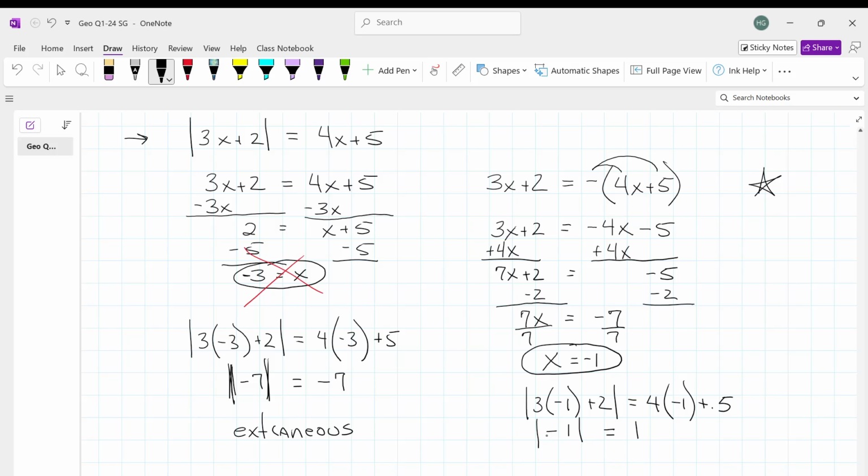And is the absolute value of -1 equal to 1? It is, isn't it? Okay. So this solution works. This solution is good. So x equal to -1 is a good solution. The other solution is called extraneous. Okay?